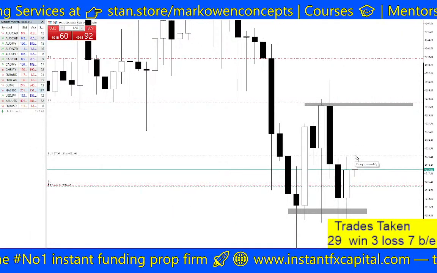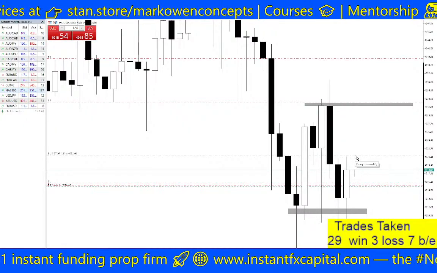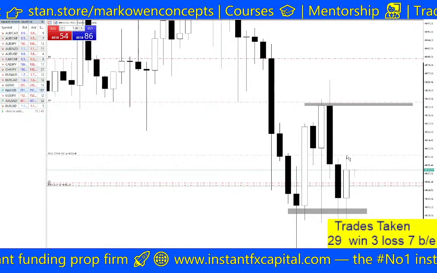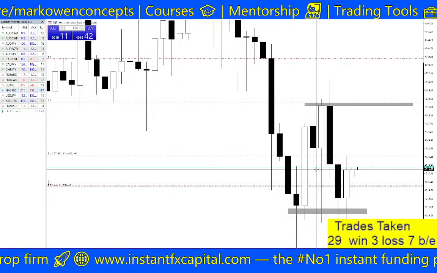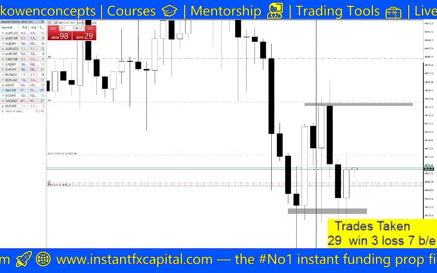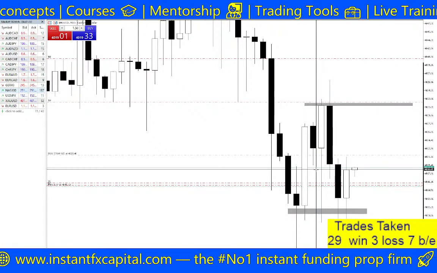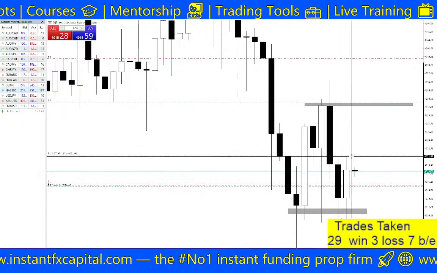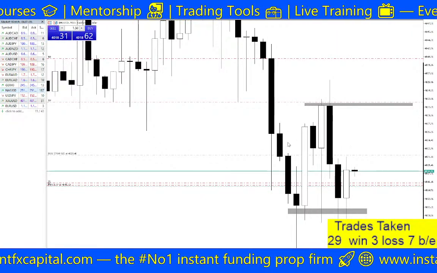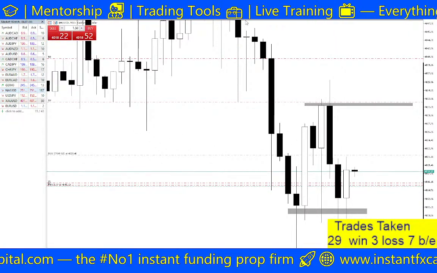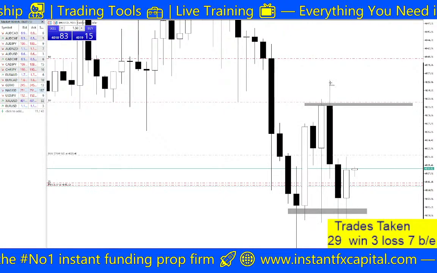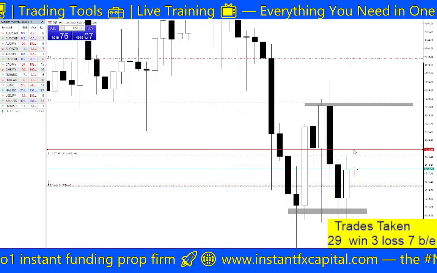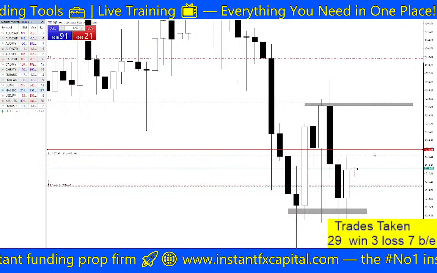Okay, so if price now breaks this high, then we'll get a second trade. So 40, 22.5. So that's 10 pips.